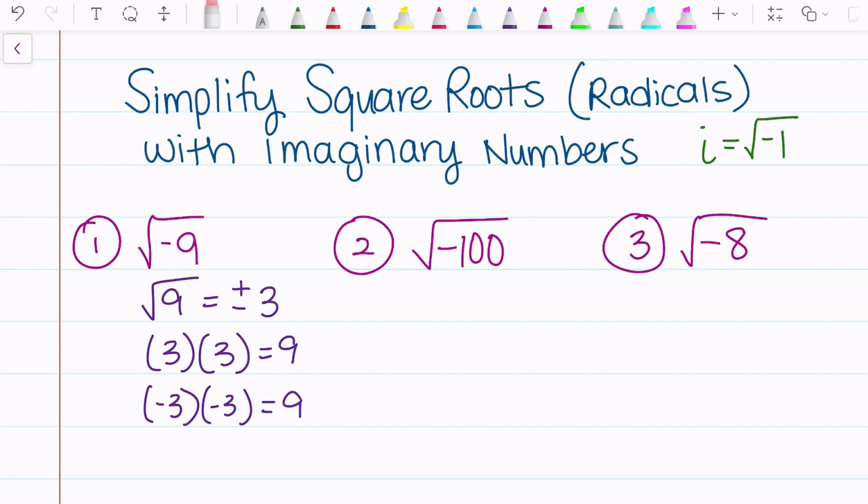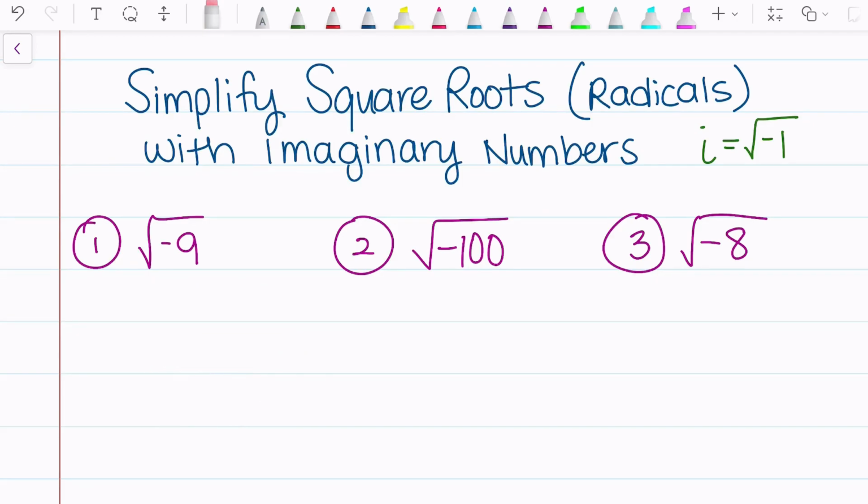Now when we go to simplify a square root that has a negative on the inside, we can't do this without imaginary numbers because a negative number comes from a positive times a negative. So if we can break this into -1 times 9 to be -9, then I can simplify this radical by square rooting -1, and I know the square root of -1 is i.